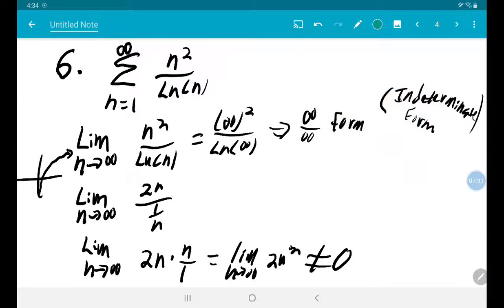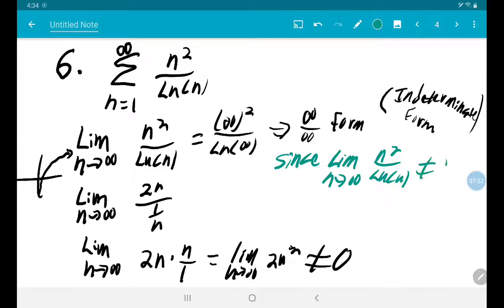Well, because the nth term test says that if the limit as n approaches infinity of your series, n squared over ln of n, is not equal to 0, then the series diverges.